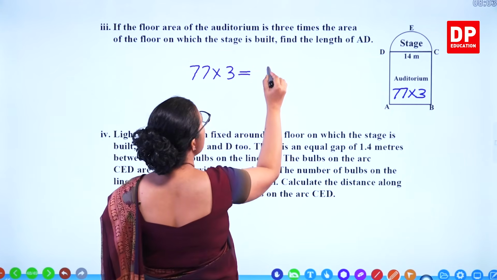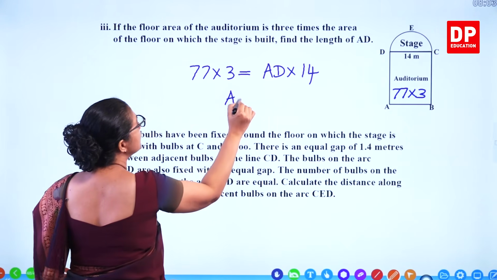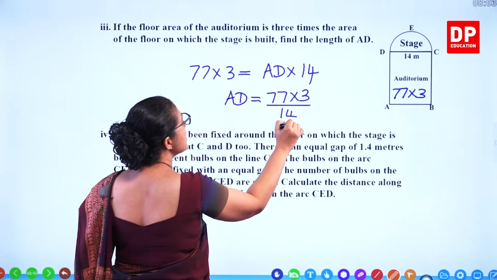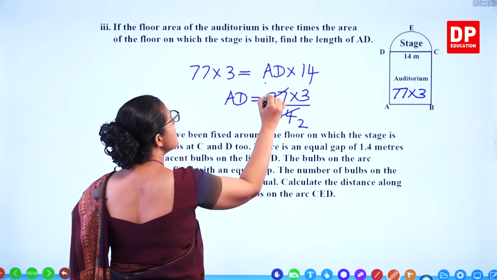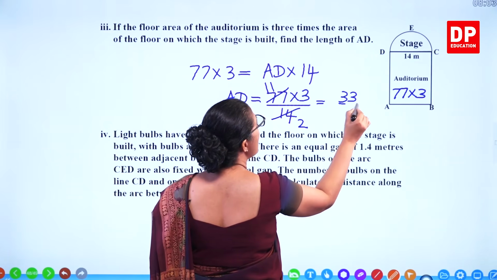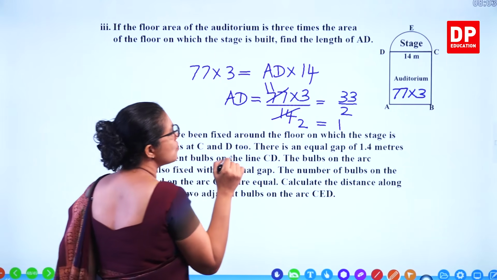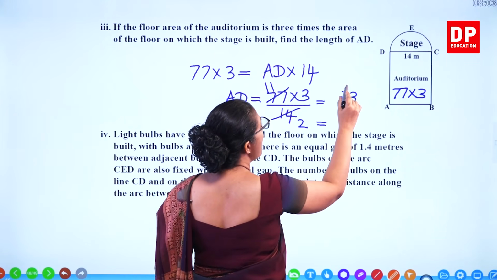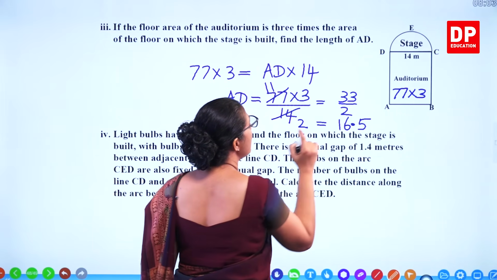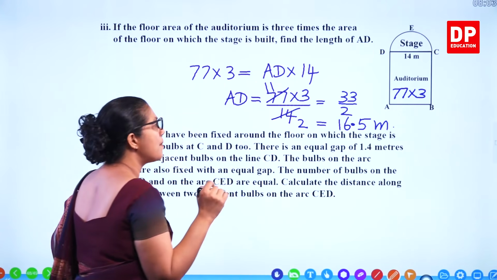So length is AD, breadth is 14. So what is AD? 77 into 3 divided by 14. 7 times 2, 7 times here 11. So you get 33 divided by 2. What's the answer? 2 times 1, 2. And for 13, that's 6 and 0.5. 16.5 meters, because this is in meters.